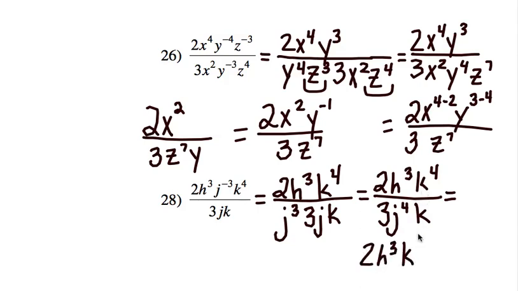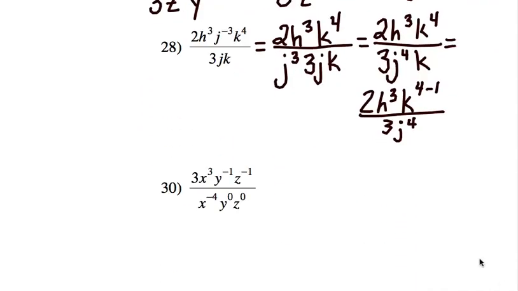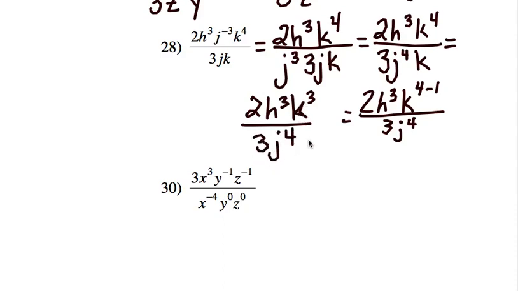K, since this is the same, it's 4 minus 1, and that takes care of that, over 3j to the 4th. So that becomes 2h to the third, k to the third, over 3j to the 4th. And that's it.